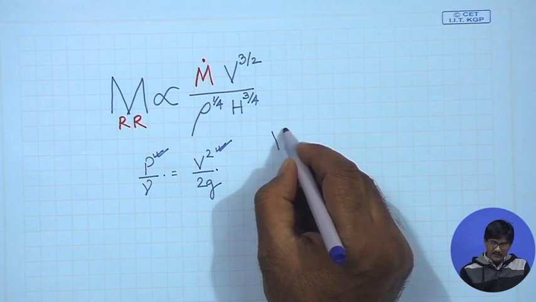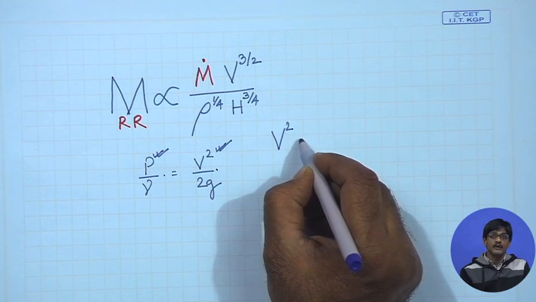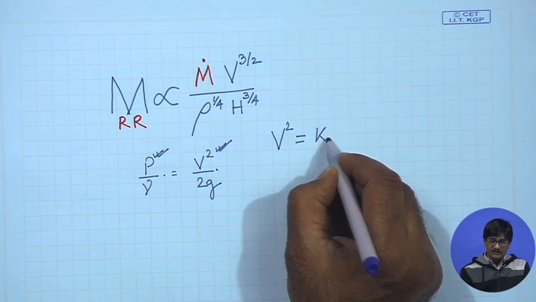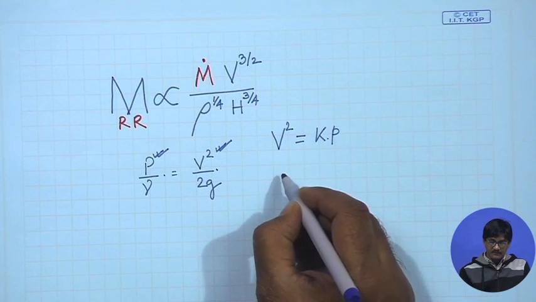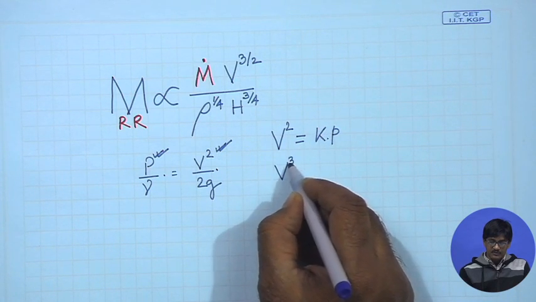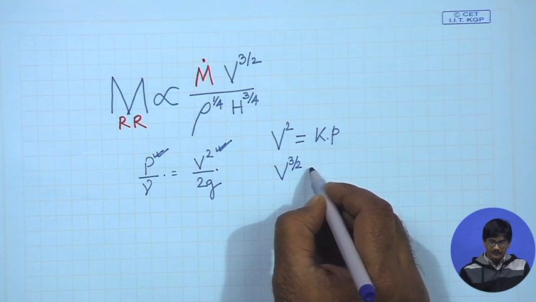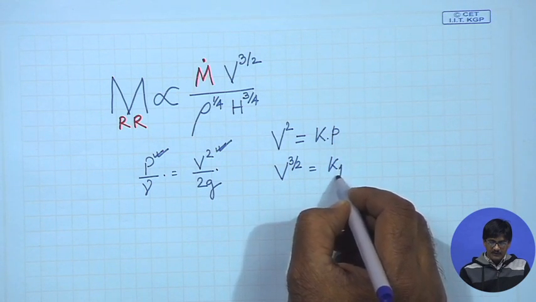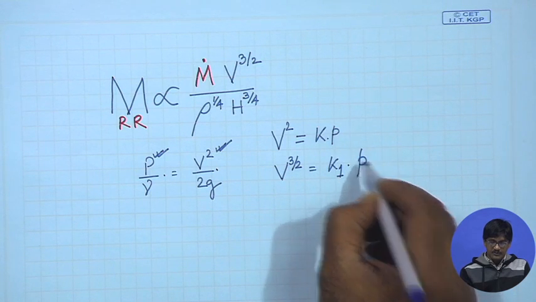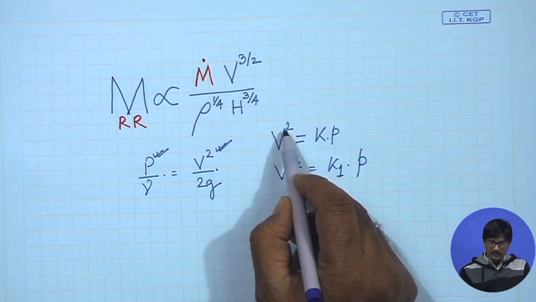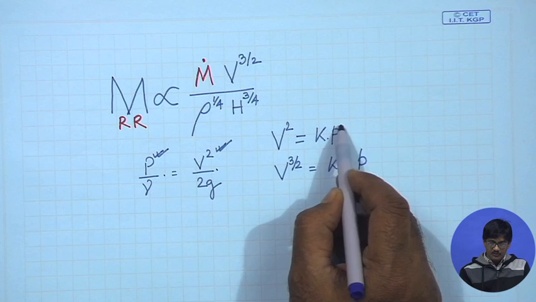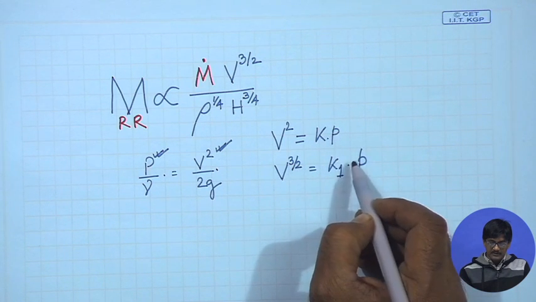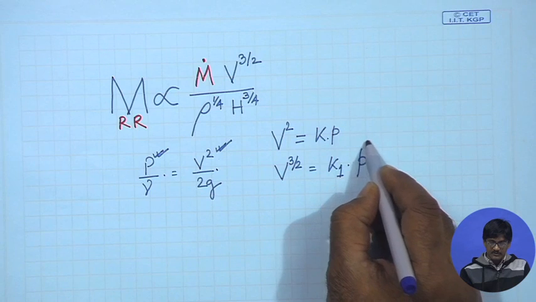Once we know that velocity square is equal to a constant into pressure, we can say therefore velocity to the power 3 by 2 must be equal to k1 into p to the power, first of all, you take away the root, it gets to the power half, you give it 3 by 2, it gets 3 by 2 into half, that means 3 by 4.